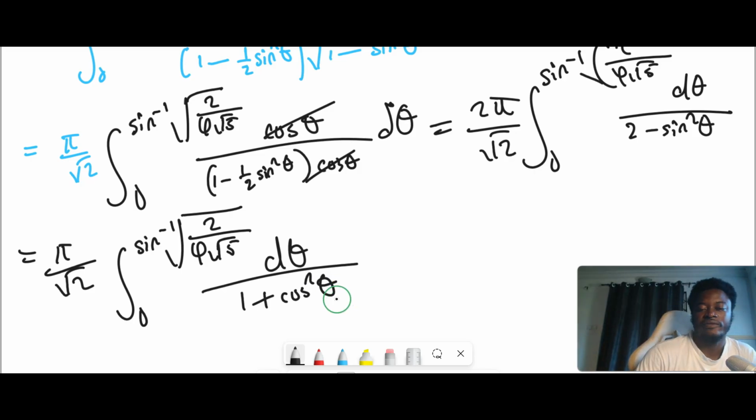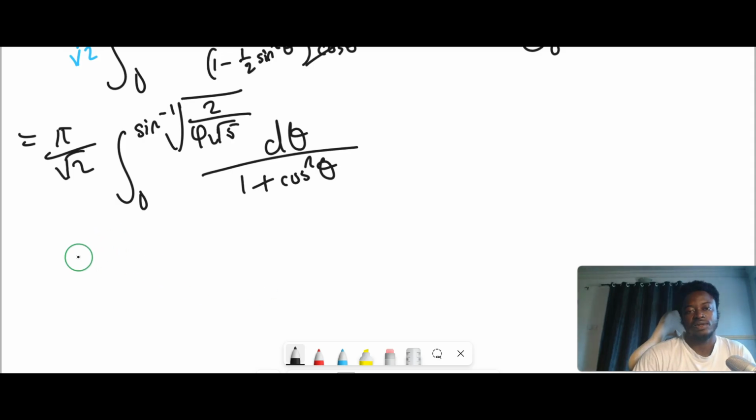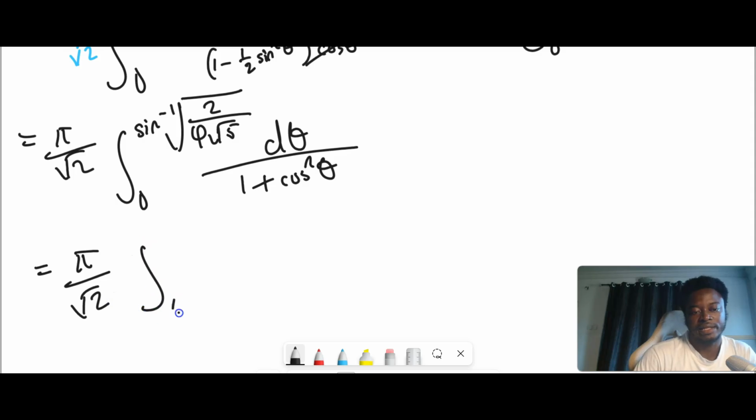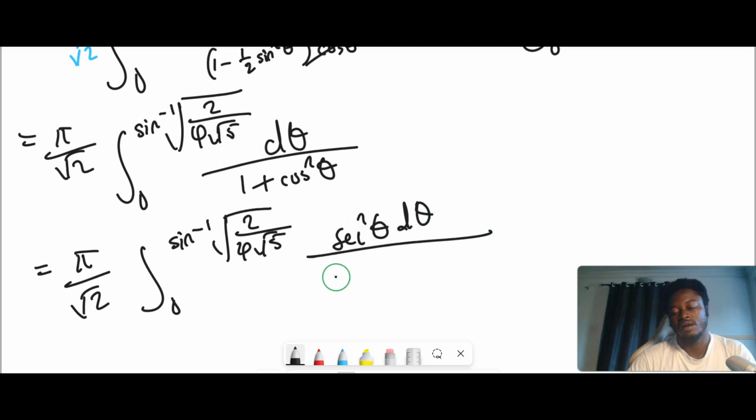Now we can divide top and bottom by cosine squared theta. So you would have pi over square root 2 times the integral from 0 to sine inverse of 2 over phi root 5. Then you have secant squared theta d theta all divided by secant squared theta plus 1.